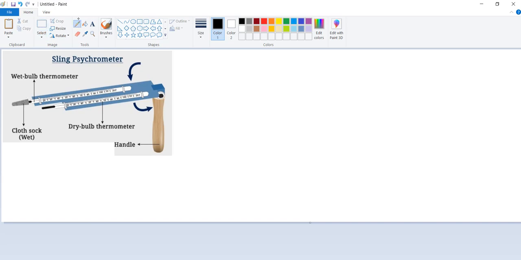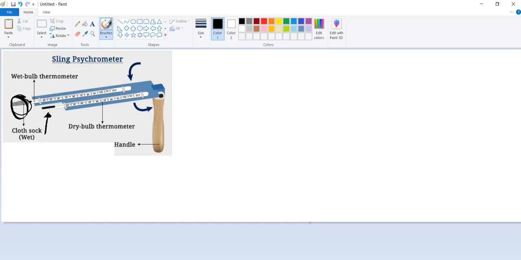We also have the dry bulb, and you will notice there is no wet cloth. If you can still remember the ME lab experiment.